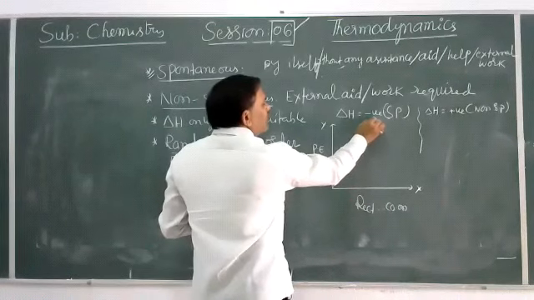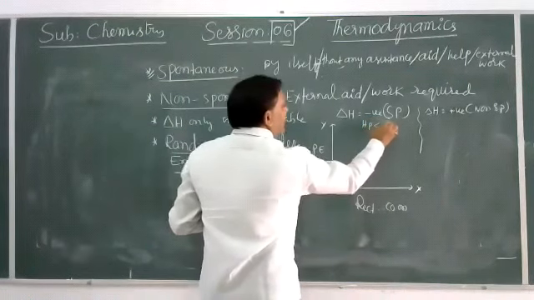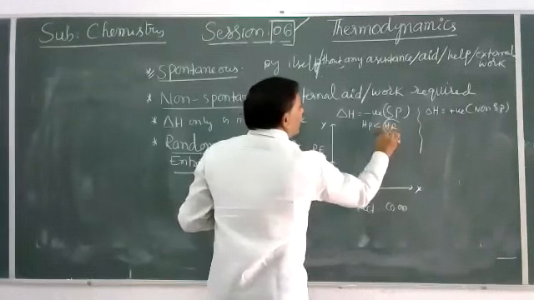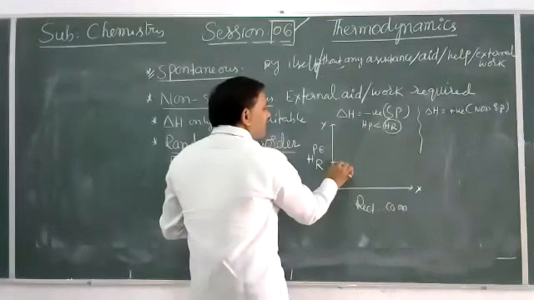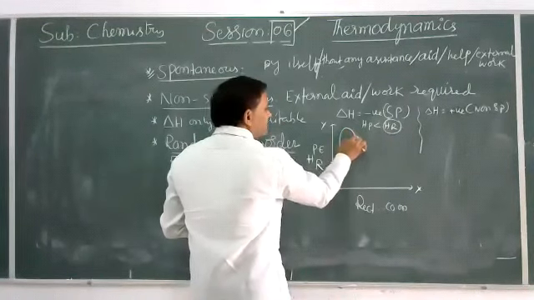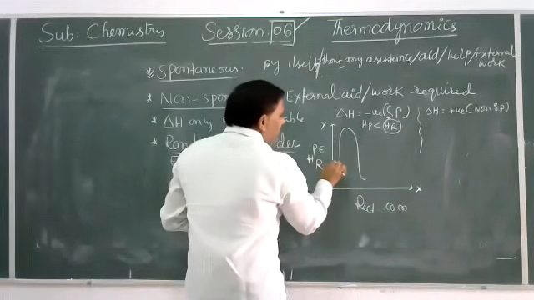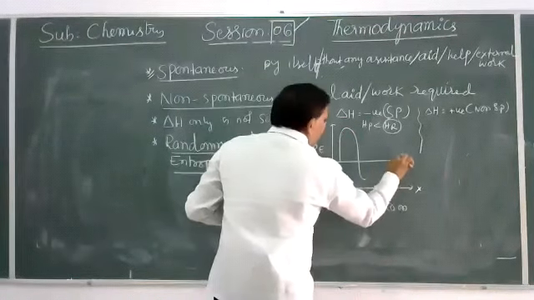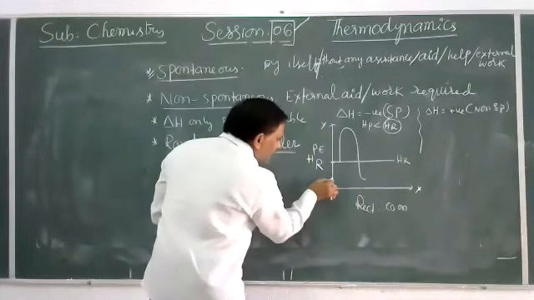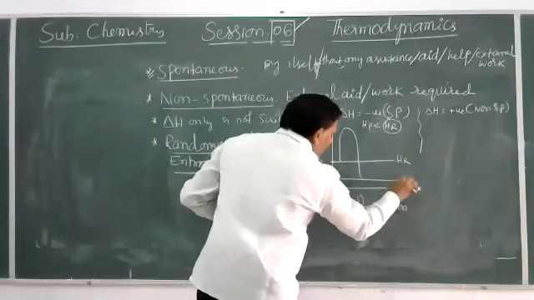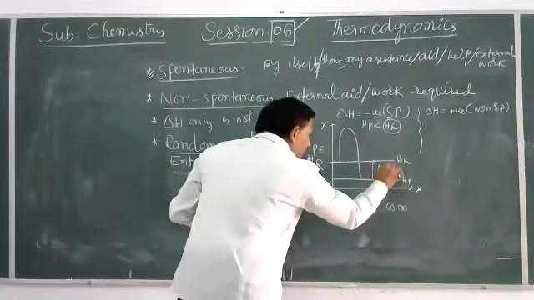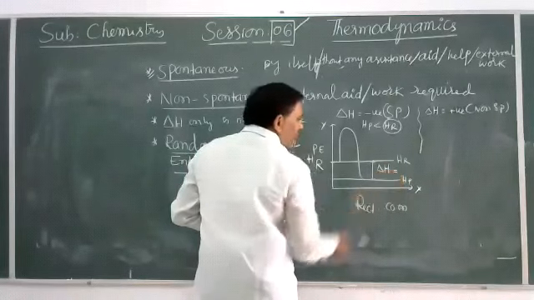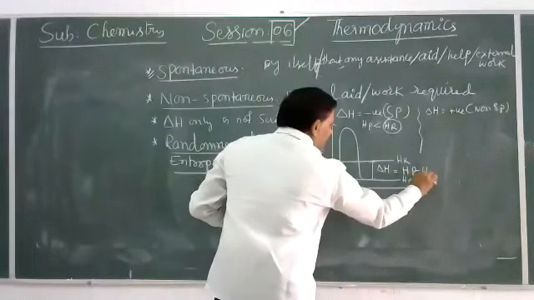To get the negative value, HP is less than HR; the reactant value is more compared to the products. This is the enthalpy of the reactants, HR, and this is the enthalpy of the products. This is the difference between enthalpies of reactants and products, delta H, and the formula we know is HP minus HR.